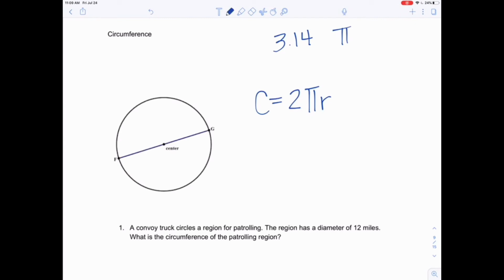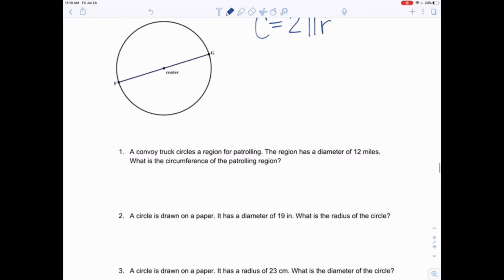And now let's take a look at what these questions look like. So question number 1. A convoy truck circles a region for patrolling. The region has a diameter of 12 miles. Remember the diameter starts at the edge, goes through the center, and gets to the other edge.